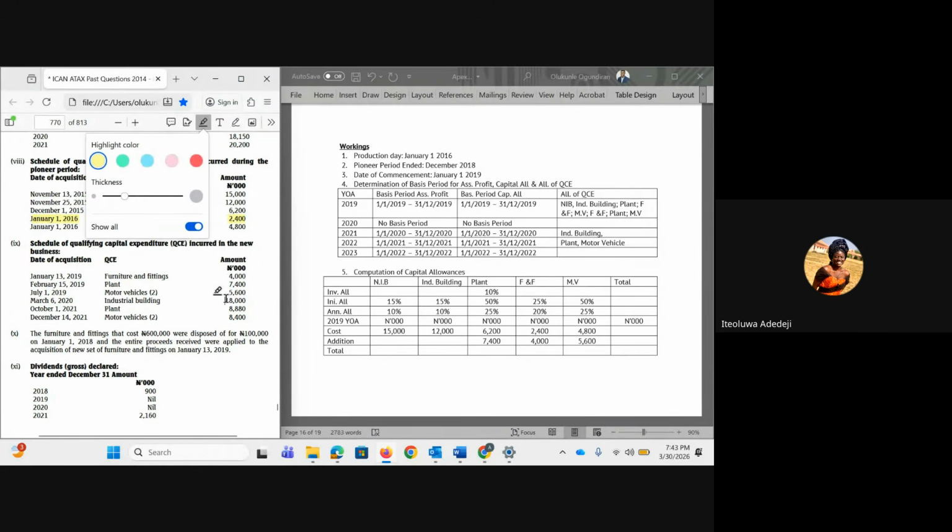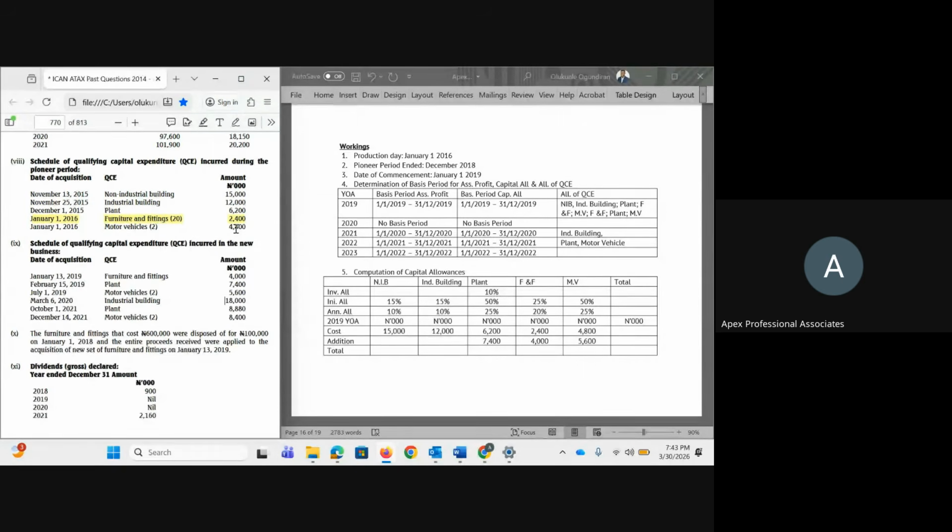Do you understand? The examiner has told you with that information that the value of that furniture and fittings he gave you is not correct. The one of 2016.